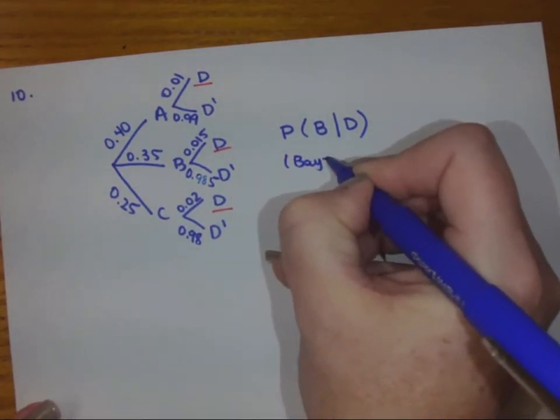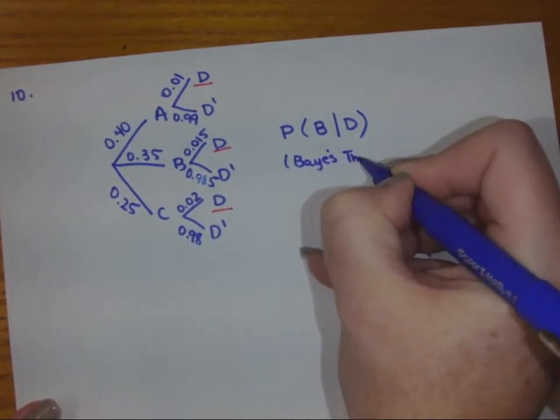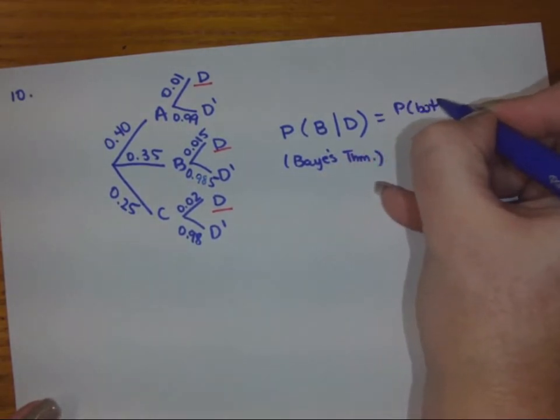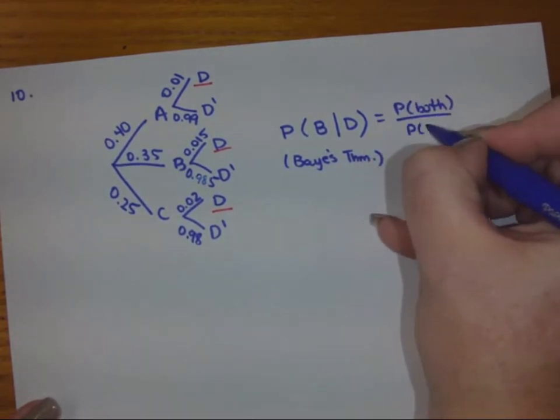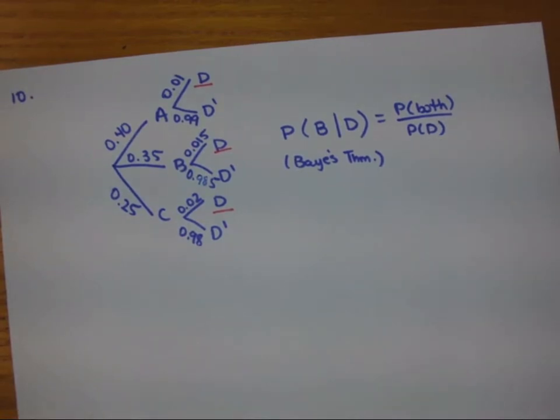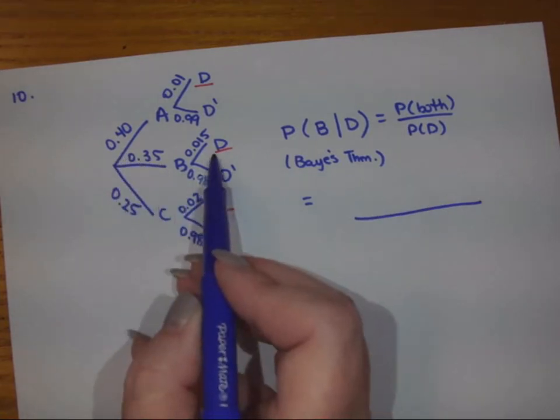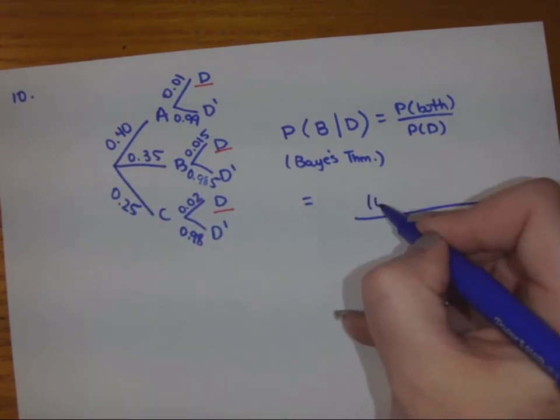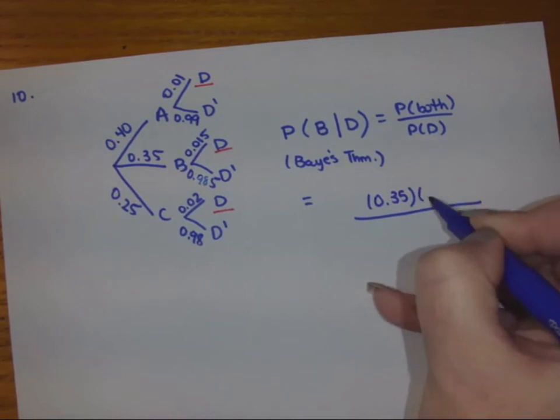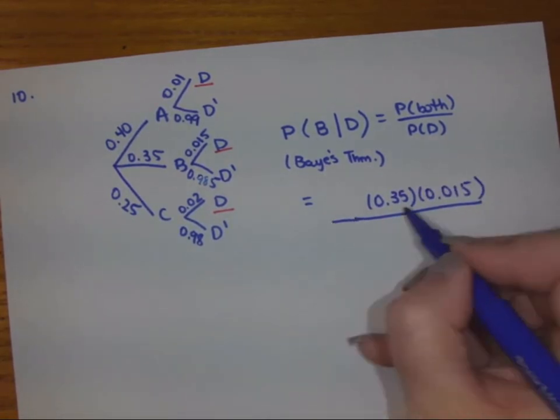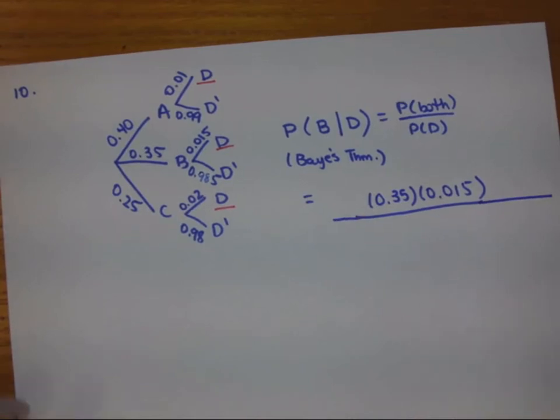One more time, we're working backwards through the tree diagram. So it's going to be the probability of both over the probability of defective. The probability of both would look like both B and defective, so it would look like 0.35 times 0.015 on top. But as far as the defective goes, there's 3 routes to get to defective.